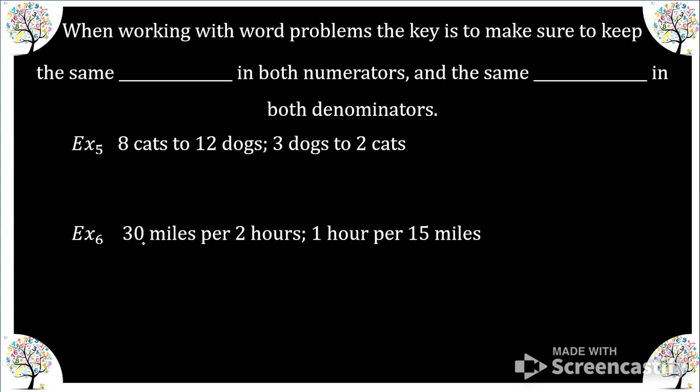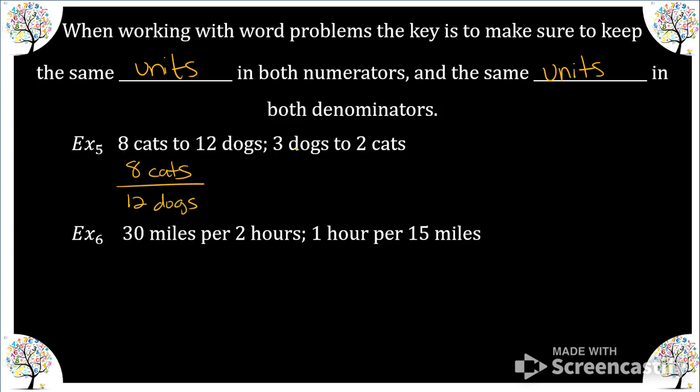When working with word problems, the key is to make sure to keep the same units in both numerators and the same units in both denominators. So if we have 8 cats to 12 dogs, we can say 8 cats to 12 dogs.